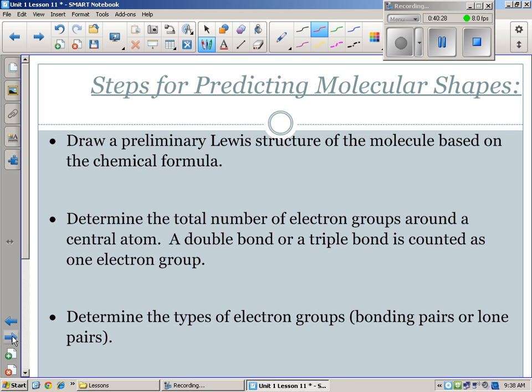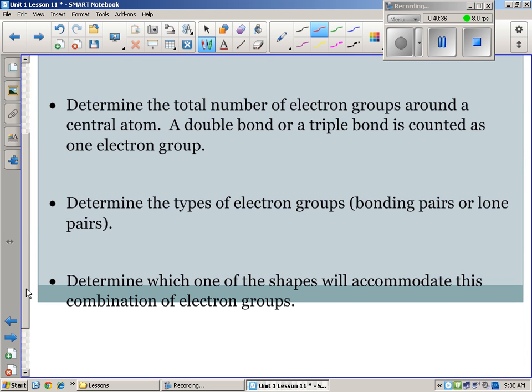How do you predict these molecular shapes? Well, you have to be able to draw them first. So you draw your Lewis structure. Basically, you have to decide what it's going to look like. So it's going to be practice with drawing molecular compounds today. It may take a little bit of time. You might have to really think about that. Determine how many atoms are bonded to the central one, and what's bonded to the central atom.